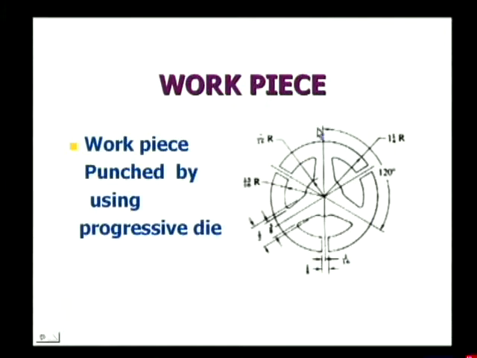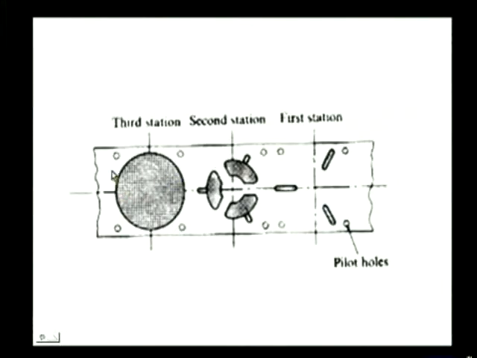Now let us see if such a workpiece is to be manufactured, it can be manufactured by using a progressive die. Workpiece punched by using progressive die. You can see the special shape of this workpiece, and this is the strip or the stock material. This is our operation, the punching operation carried out at the first station, where as a result of punching these three holes are made.